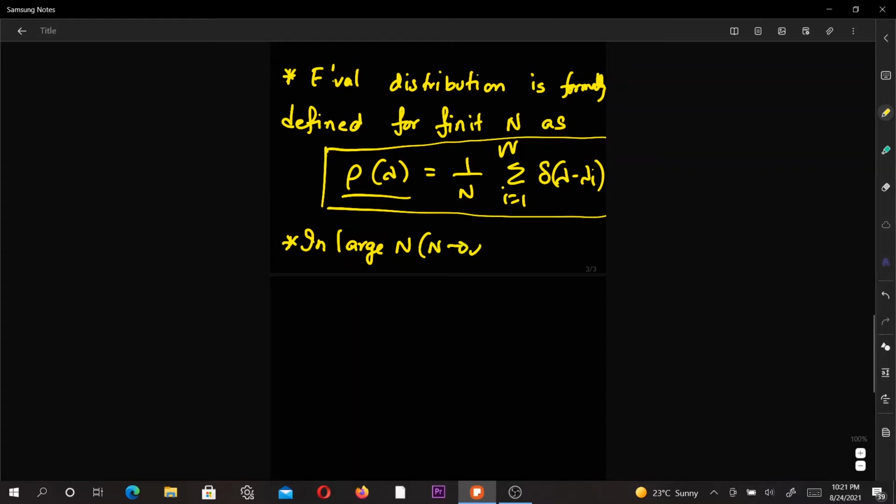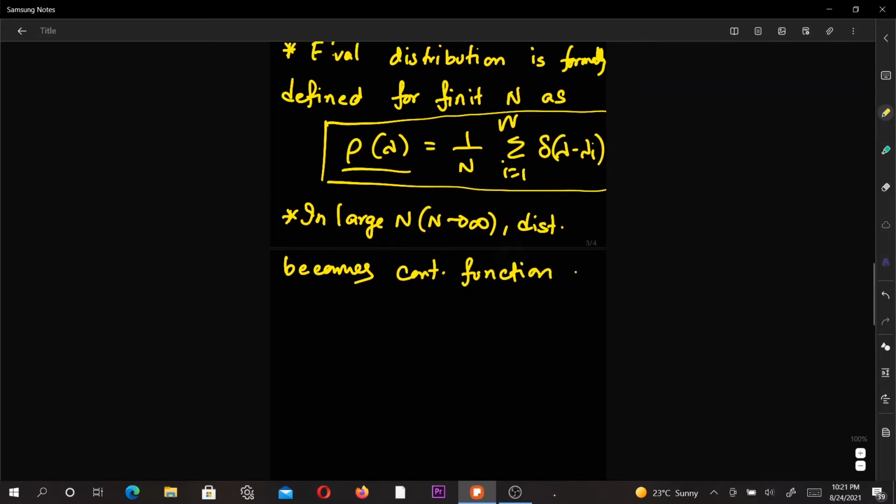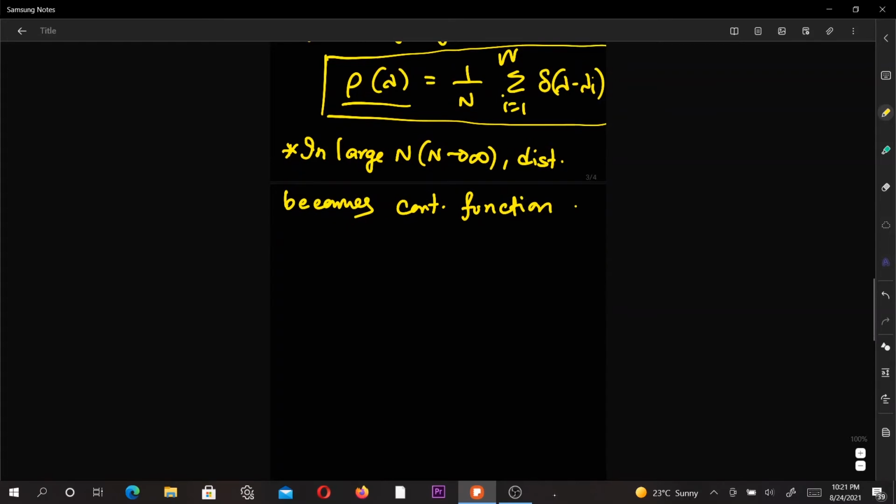This n goes to infinity. Distribution becomes continuous function also.